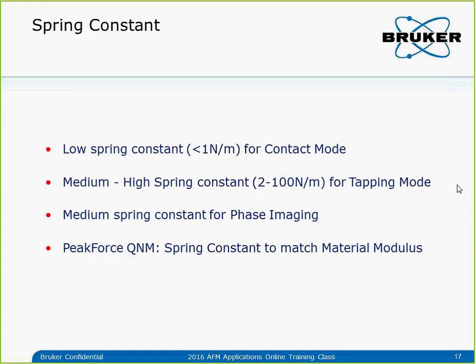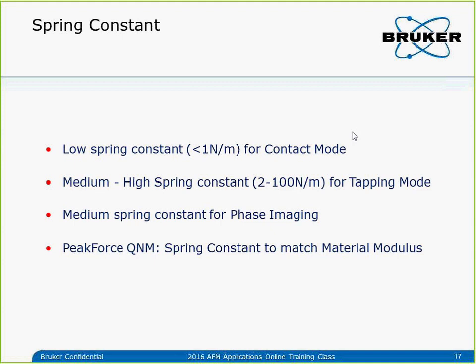Next, one key parameter we talk about is the spring constant. I think this is one of the most important parameters for the cantilever. For the contact mode, we need to use a low spring constant because it gives better force control, so we can keep the force lower.